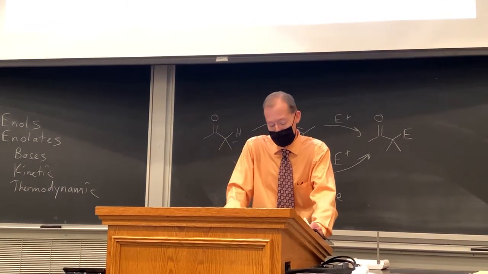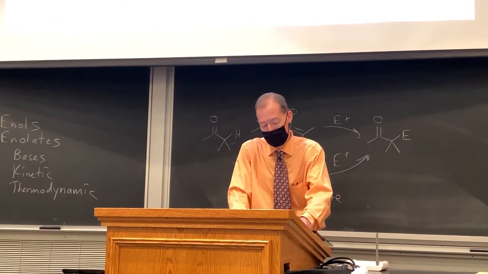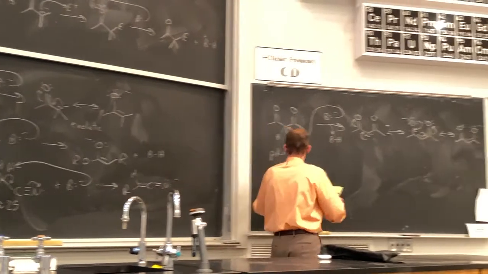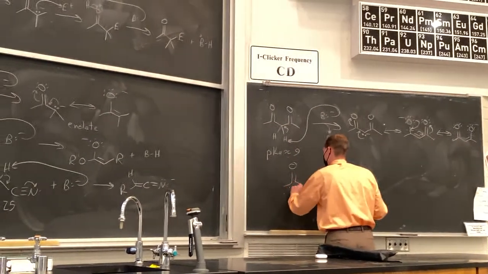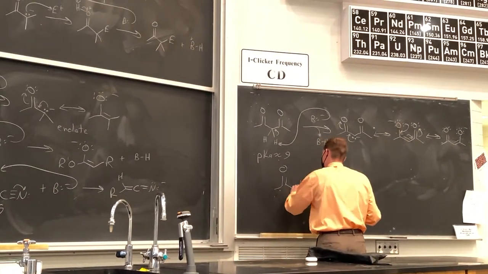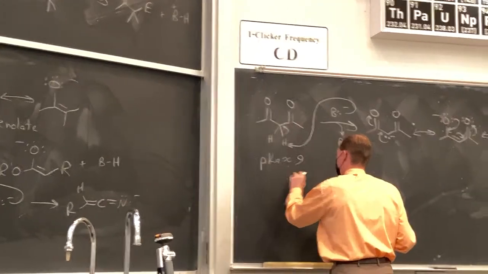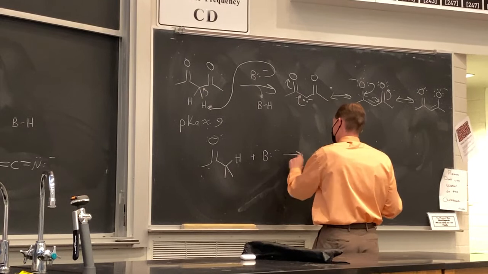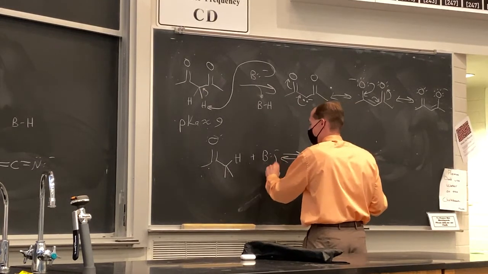All right, so let's talk about the kinds of bases that we would use to form enolates. So if we are generating an enolate from a ketone, right, we have an acid-base equilibrium here.